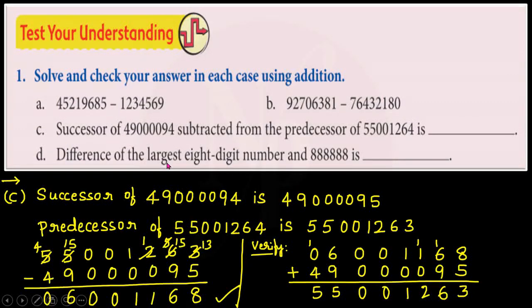The largest 8-digit number is 9 crore 99 lakh 99,999. So from that number we have to subtract 8,88,888. Let us do that now.